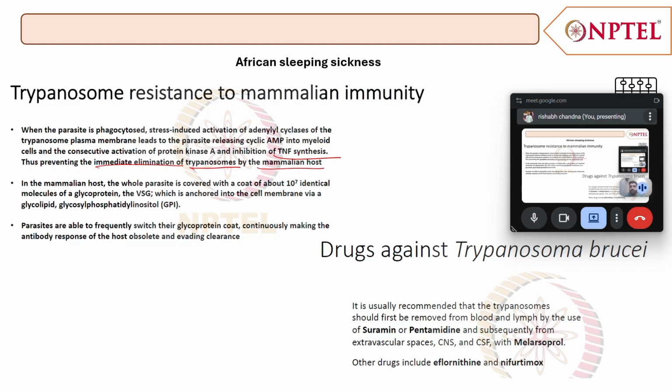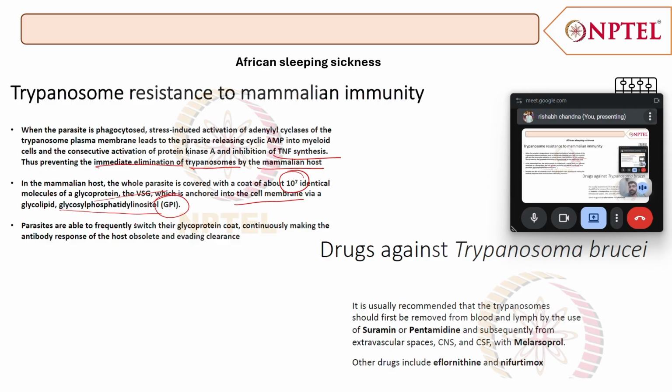In the mammalian host, the whole parasite is covered with a coat of about 10 to the power 7 identical molecules of glycoprotein, the VSG, which is anchored into the cell membrane via a glycolipid, glycosyl phosphatidylinositol, that is GPI.